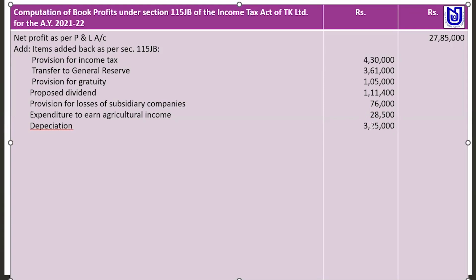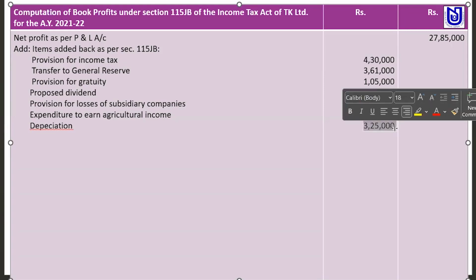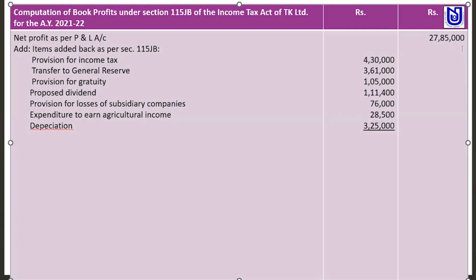So these are the items debited in the P&L account of the company that are to be added back to compute the book profit under section 115JB. And the total of this figure is how much? 14,36,900.